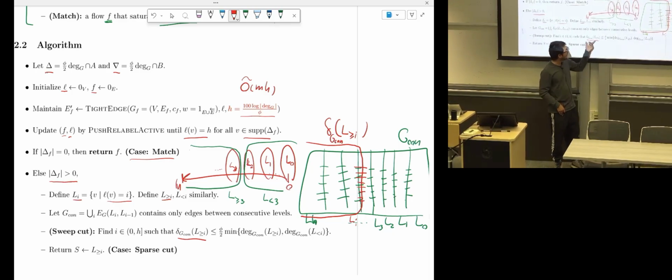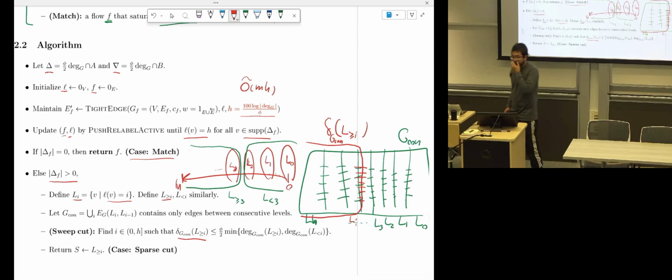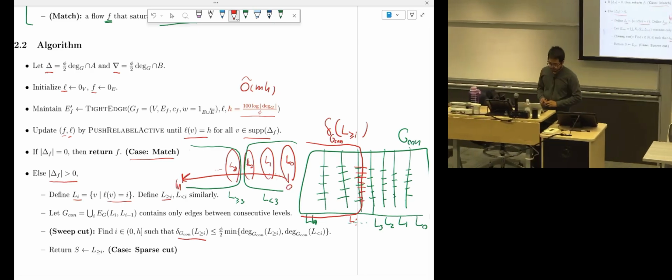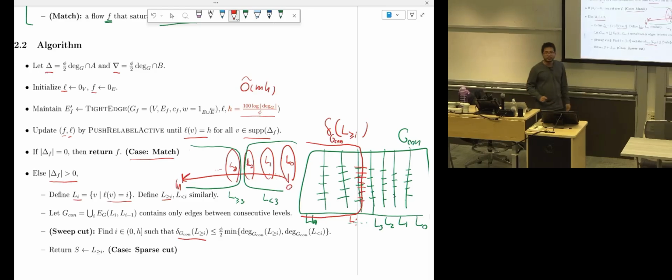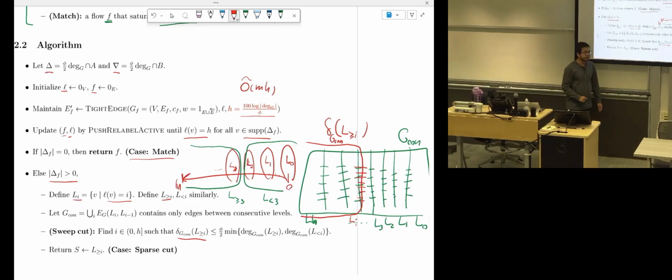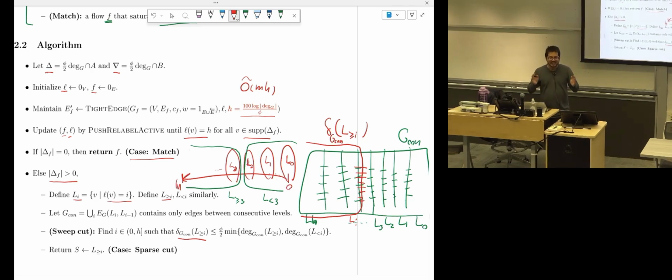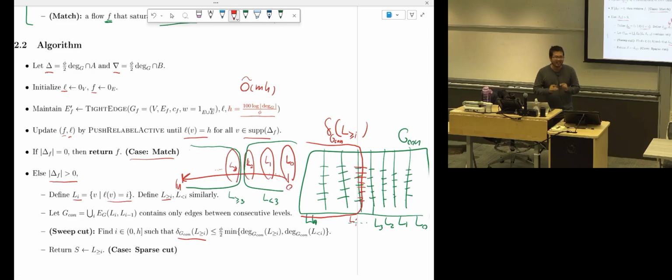So this is just smaller than the degree on both sides times phi. And then I just return this. So I really just look at G-con and find a phi sparse cut in G-con and claim that this actually is a phi sparse cut in the real graph.